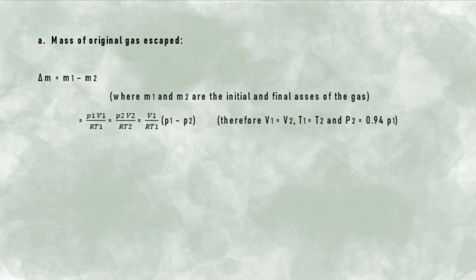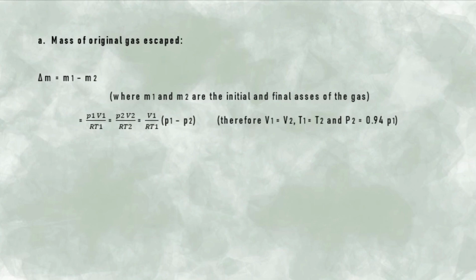And for our mass of original gas escaped, we have change in mass equals the initial mass minus the final mass. From the equation, initial pressure multiplied by initial volume over the gas constant multiplied by initial temperature equals the final pressure multiplied by the final volume all over the gas constant multiplied by final temperature.